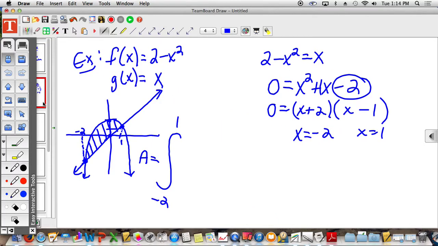Which is the highest function? This function right here is higher than this line. Would you agree? Yes. The upside down parabola is higher than that line. So that means I need to call f of x capital R of x.